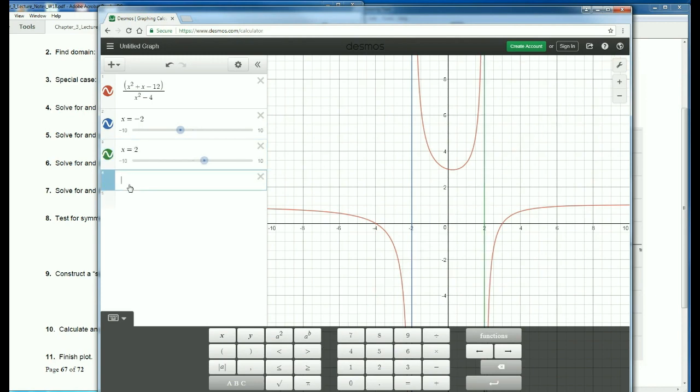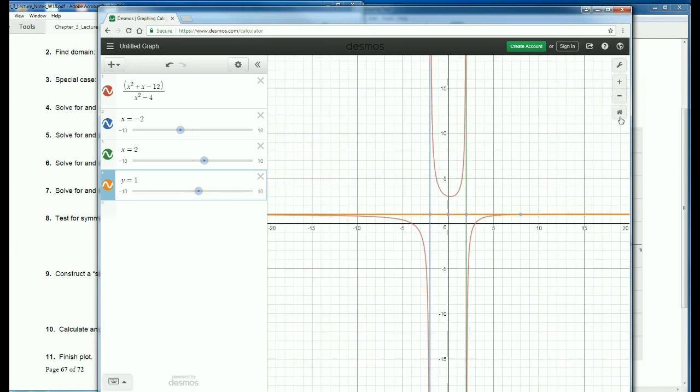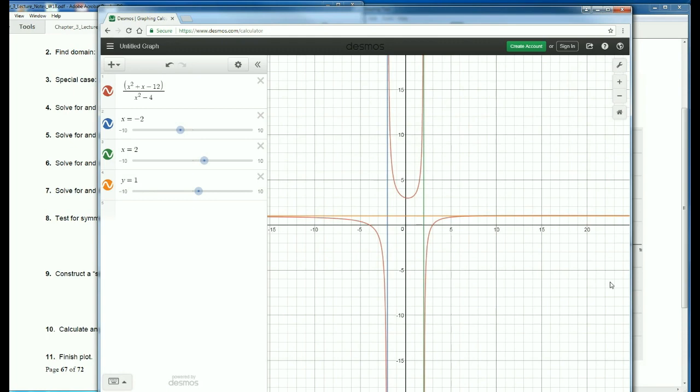We could even add in our y asymptote. What was it again? y equals 1. Zoom out a little, and yeah, you can see right away that it definitely approaches that asymptote and the vertical asymptote, so everything looks good.